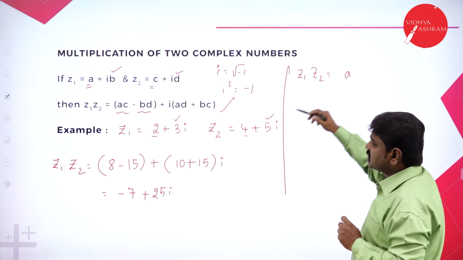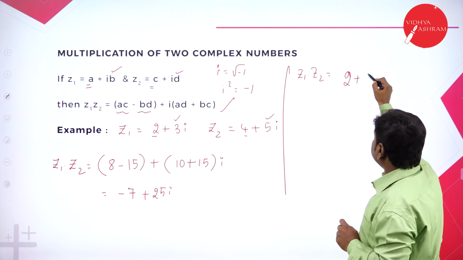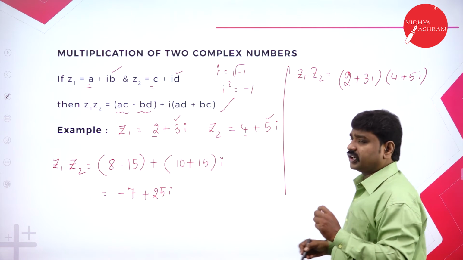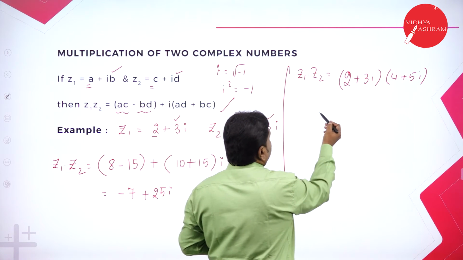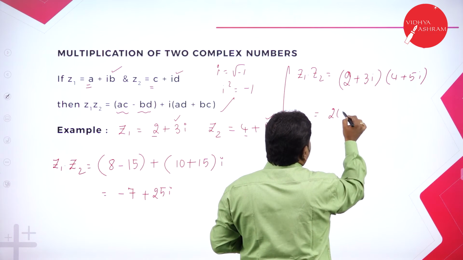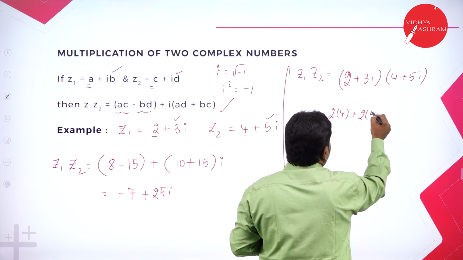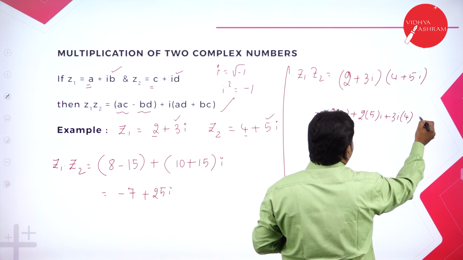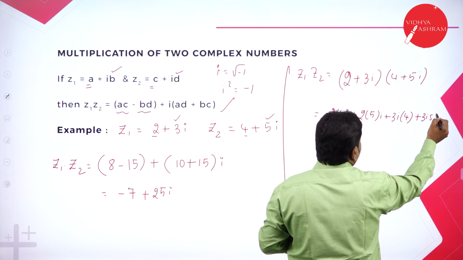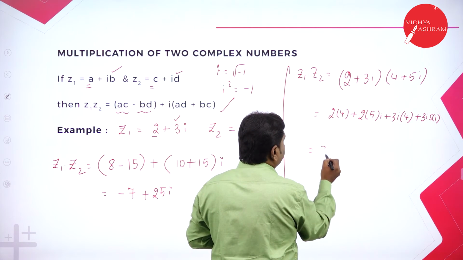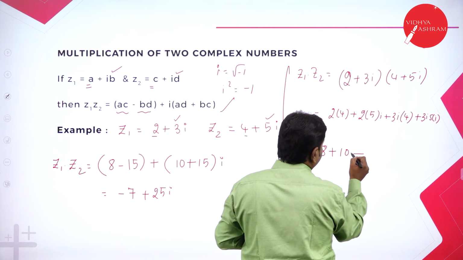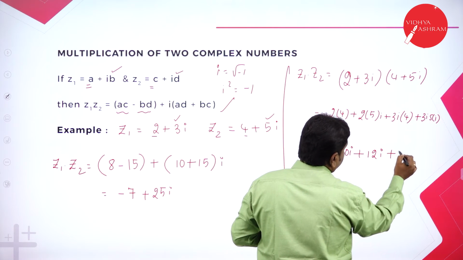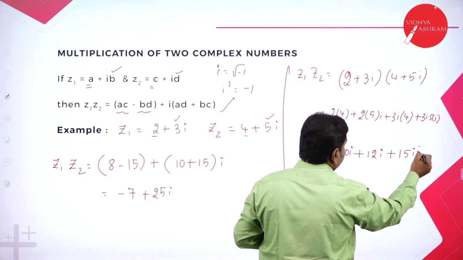z1 into z2. That is, what is z1? 2 plus 3i into 4 plus 5i. Now we'll do multiplication term wise. So now my dear students, 2 into 4 plus 2 into 5i. I am multiplying term wise. Then 3i into 4 plus 3i into 5i. That is 2 fours are 8 plus 10i, plus 3 fours are 12i plus 3 fives are 15, i into i is i square.